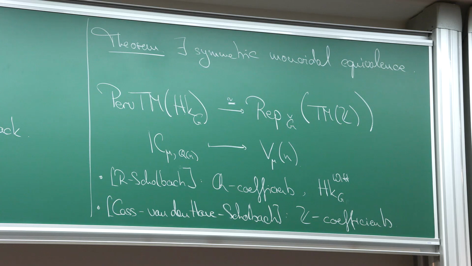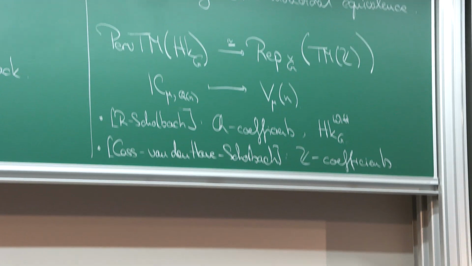But the more classical way is to just equip the heart with a symmetric monoidal structure. So some sort of convolution on this space? Right, the convolution. Beilinson-Drinfeld Grassmannian?